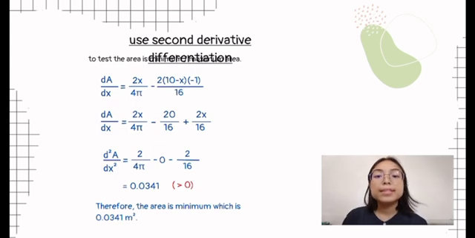To test whether the area is minimum or maximum, a second differentiation is applied. Differentiate it again and the final answer will be 0.0341. Therefore, the area is minimum because the value is greater than 0.